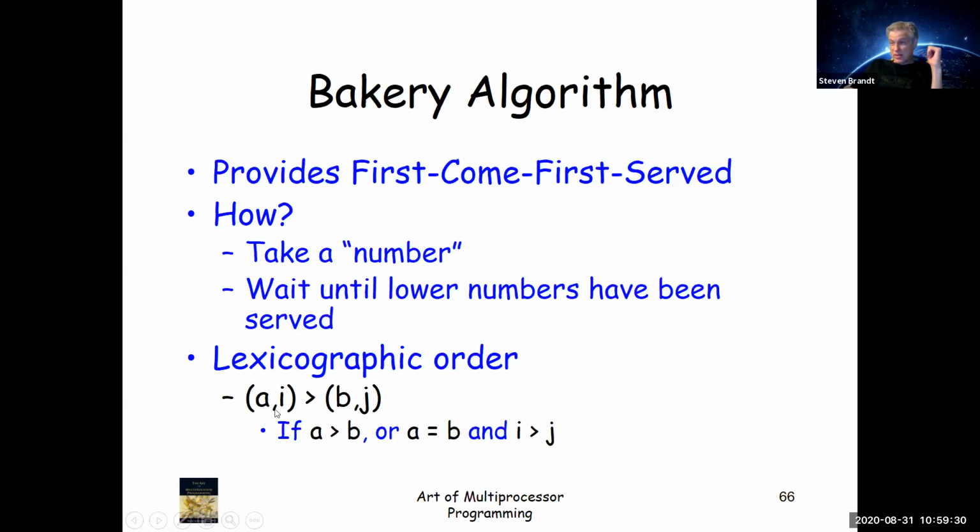So if A is greater than B, then AI is greater than BJ. But if A and B are equal, then we check I and J. And if I is greater than J, then AI is greater than BJ. Okay? So that's the way that works.